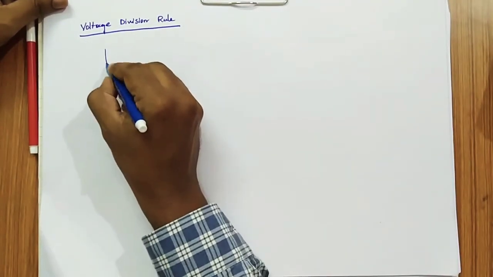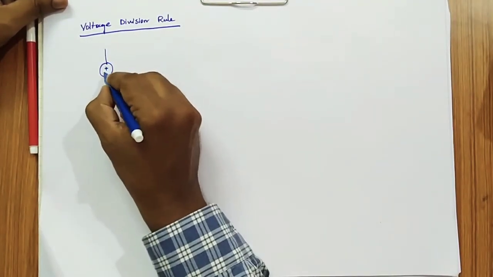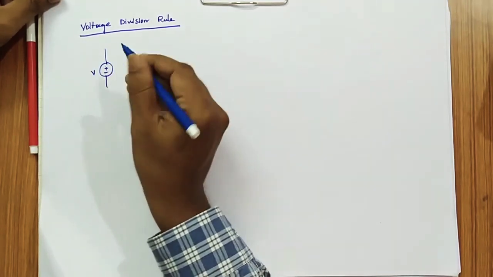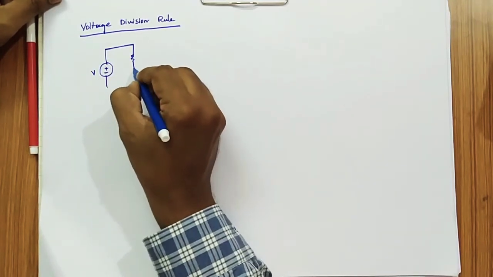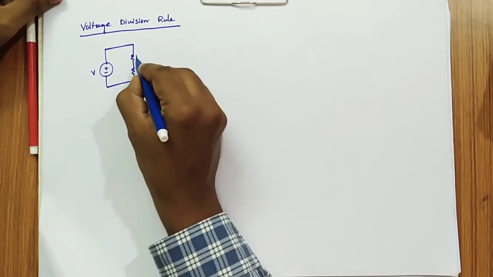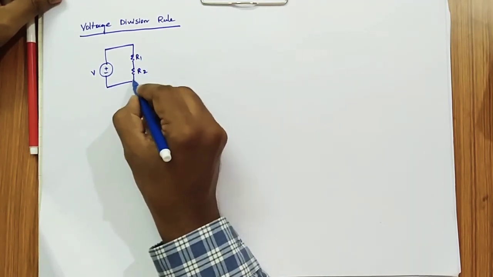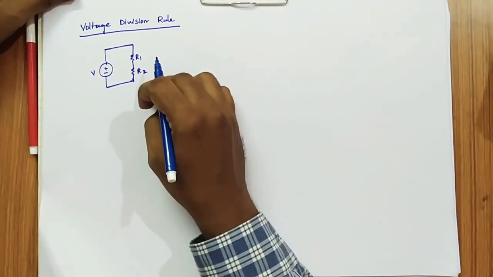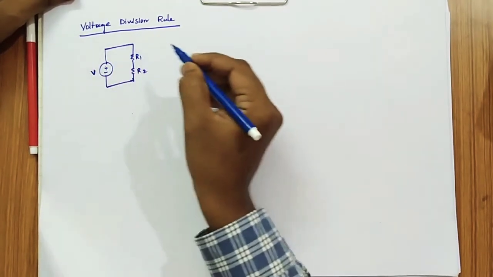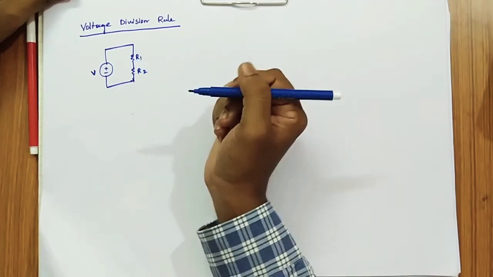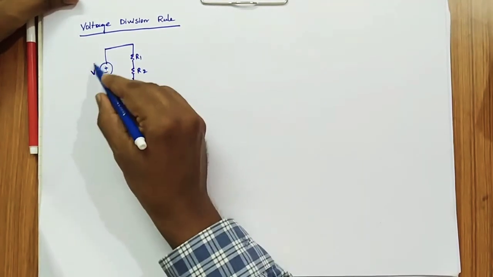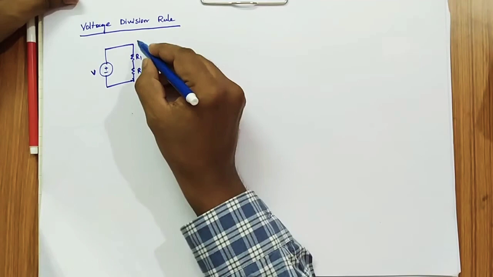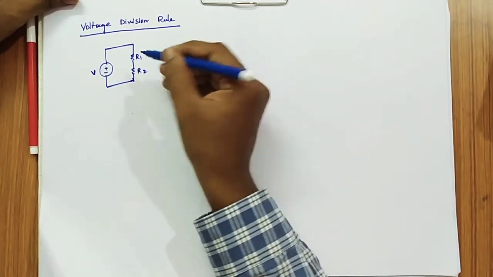So I'm taking a simple circuit, a circuit having a voltage source V in series with two resistors R1 and R2. What the voltage source sees is the complete resistance it is connected to.